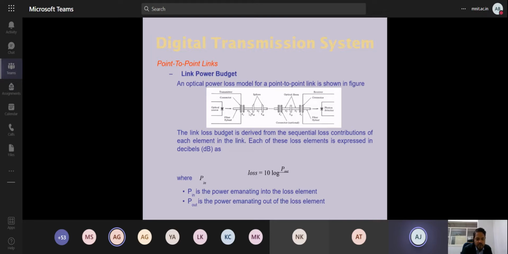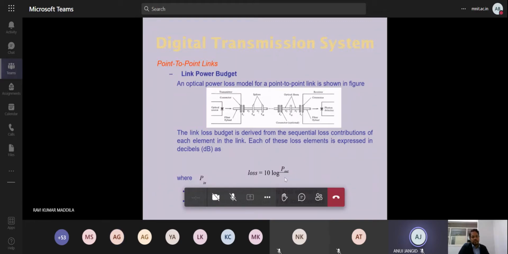If you look closely, P out will always be less than P in, so the value of P out by P in is always less than 1. When it is 0 point something, the logarithm of 0 point something would always be negative. So the loss here is always negative.